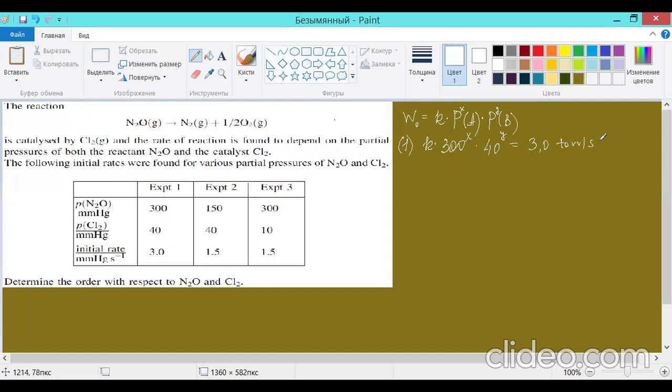Now we can do the same for the second experiment. So we can write k times 150 raised to X times 40 raised to Y, and that's equal to 1.5 torrs per second.